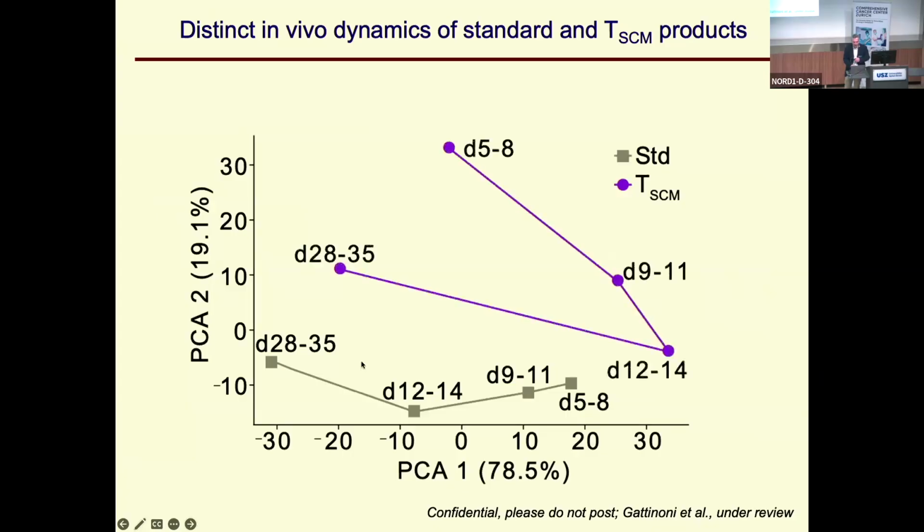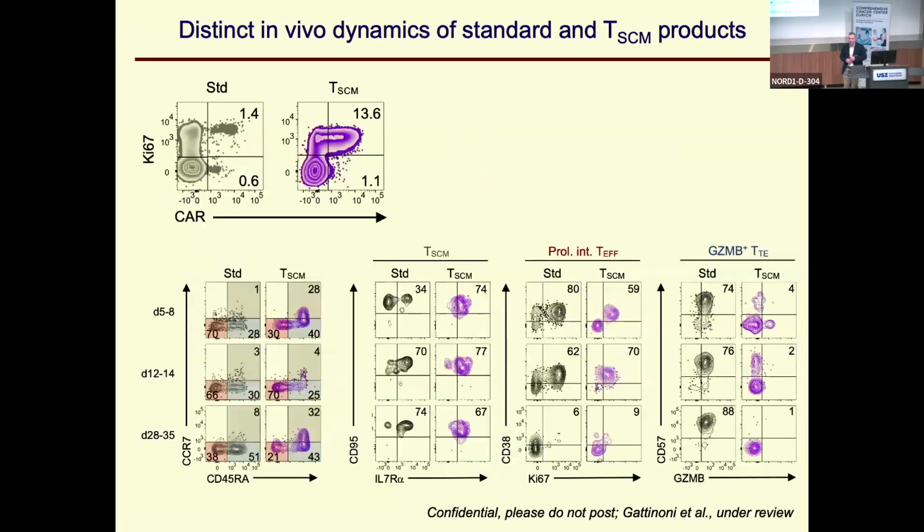And when we look at the TSCM, it is completely different because they start off very differently. They tend to progress towards more or less the same place, but then they end up in a different area of the graph. So if we look at specific populations by looking at the single markers, in the case of the standard, we have again highly differentiated terminal cells, like effector memory cells or terminally differentiated cells.